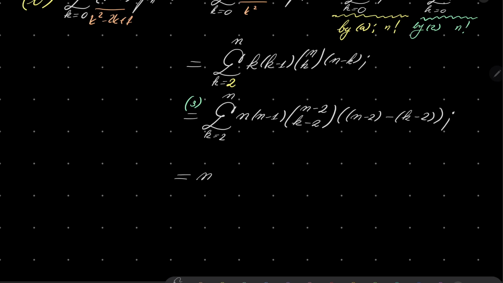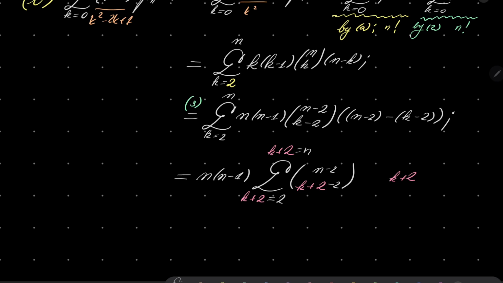And now I will put n minus 1 outside of my sum, and again, just as in part A, I will shift my index of summation. So instead of k, I will put k plus 2 this time. So this time we'll get the following. Well, k plus 2 goes from 2 to n. Here we have n minus 2 choose k plus 2 minus 2.